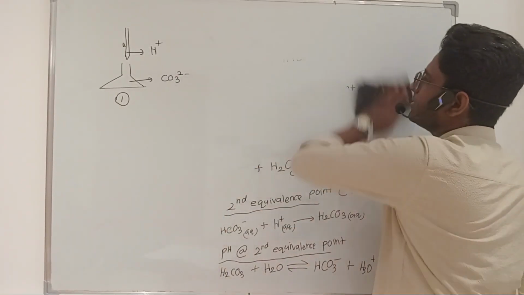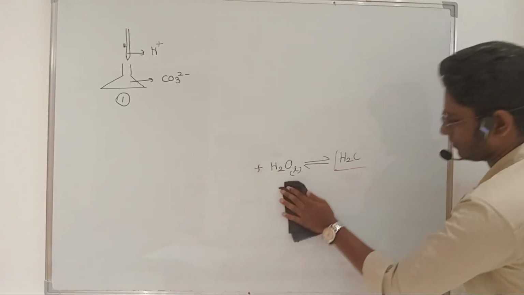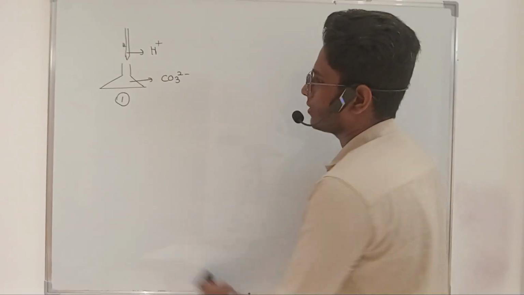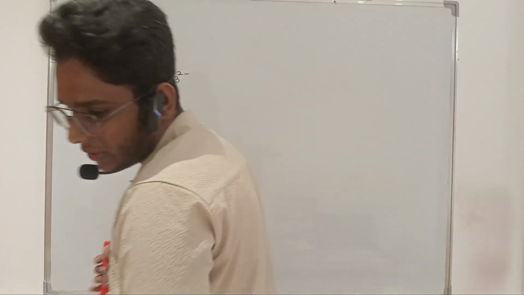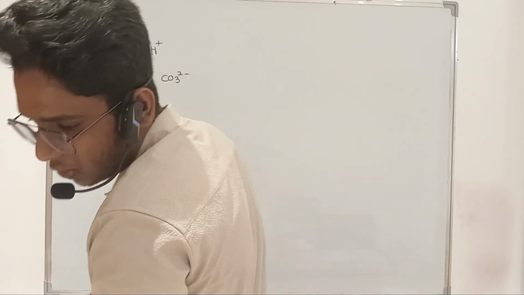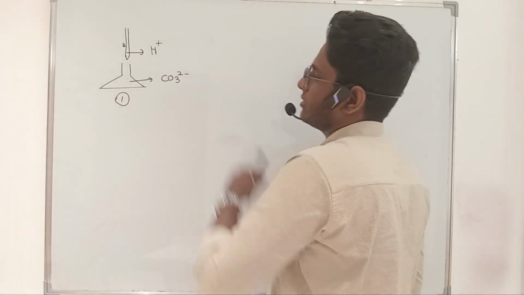Now the question is, consider a titration of 25 cm³ of 0.1 mol dm⁻³ sodium carbonate. Sodium carbonate will be ionizing, forming carbonate.